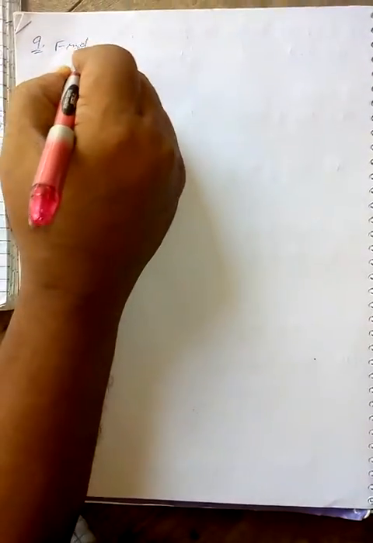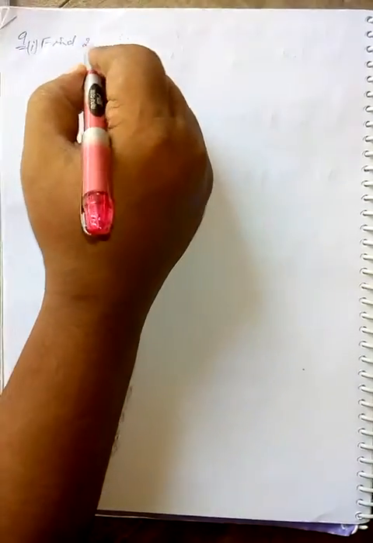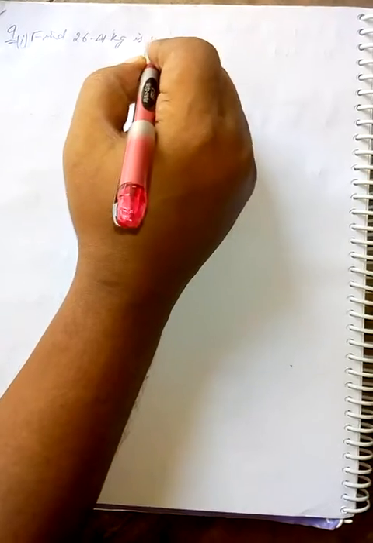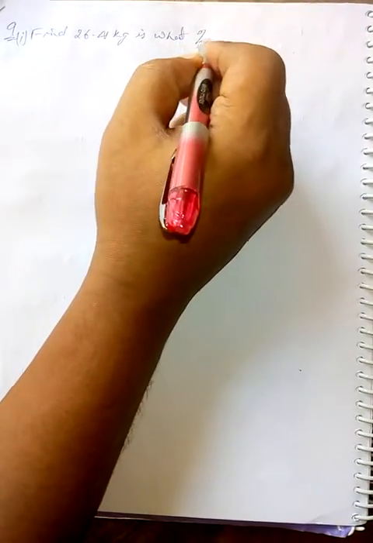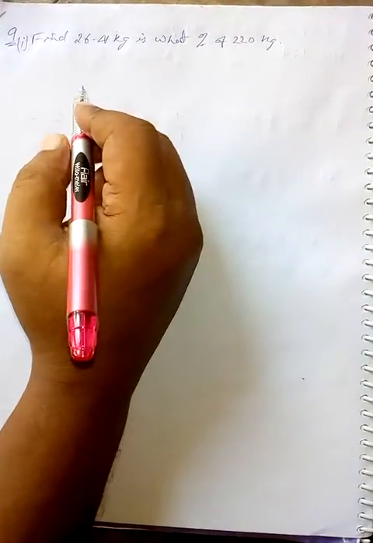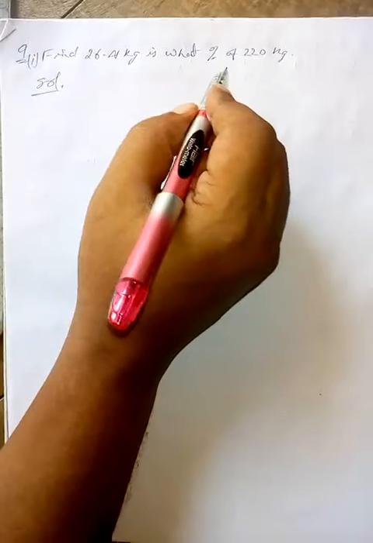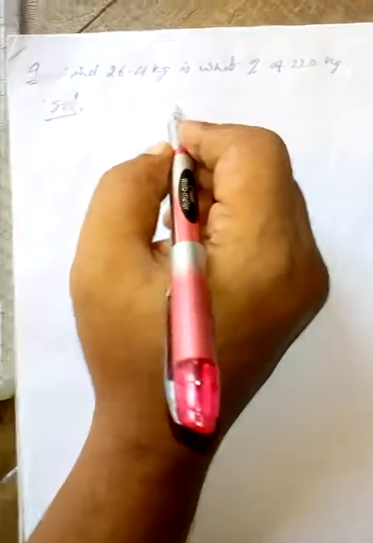Now the next question is the ninth question. It is said, find 26.4 kg is what percent of 220 kg? So solution. 26.4 kg is what percent of 220 kg?